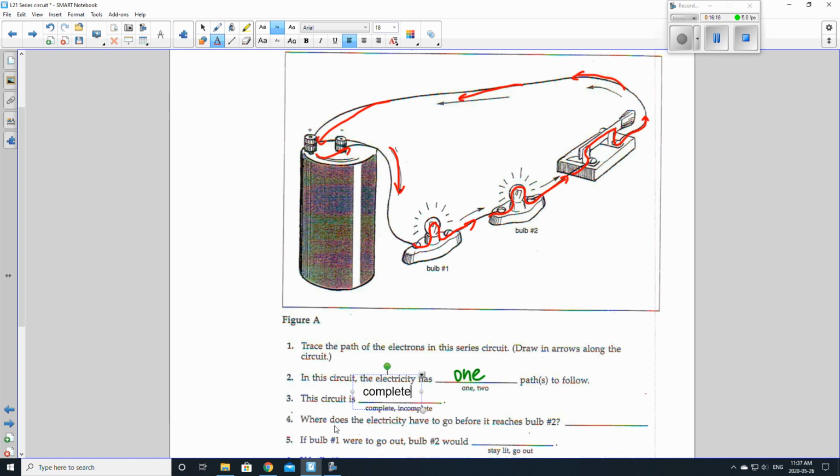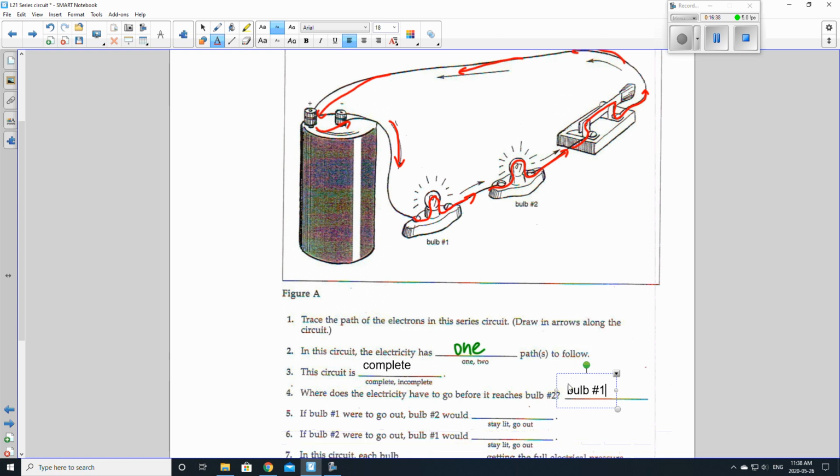Okay, where does the electricity have to go before it reaches bulb number 2? So let's take a look. Here's bulb number 2. Where does the electricity have to pass through before it gets there? Well, it has to pass through bulb number 1.